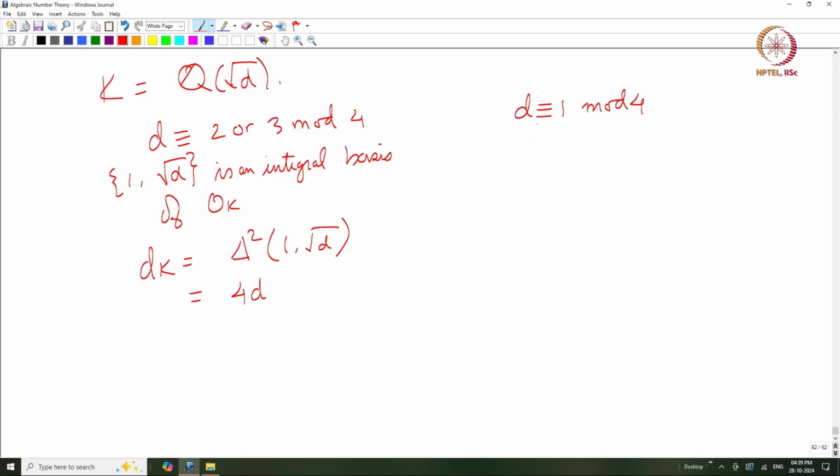New thing happens here. So, here we proved that 1 plus square root of d by 2 is an integral basis of OK, and so we have to compute.